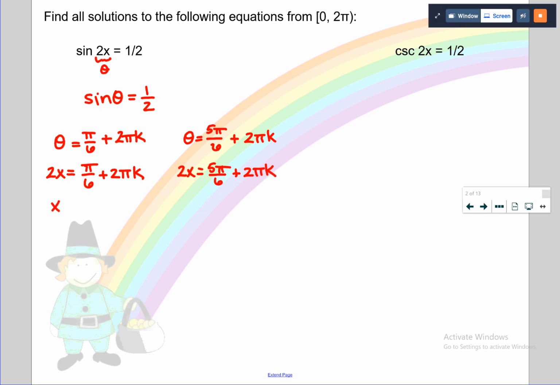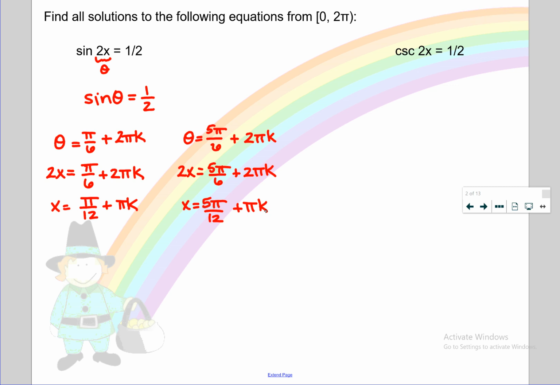I'm going to have x equals pi over 12. If I do 2 pi k times a half, or divided by 2, it's just pi k. And then 5 pi over 12 plus pi k. Now, if the problem said find all solutions in radians, period, you're done at this point.